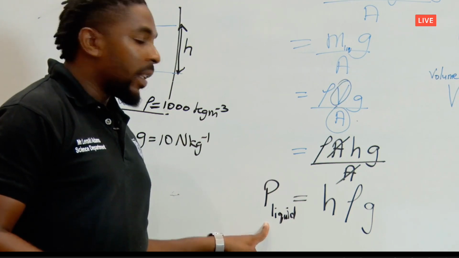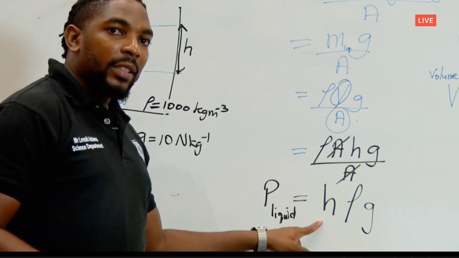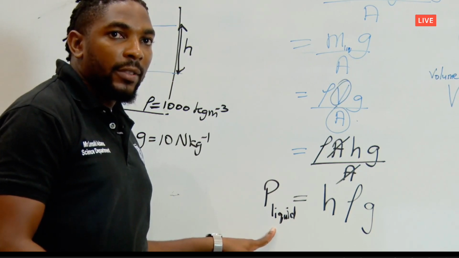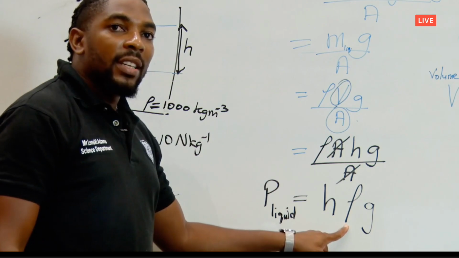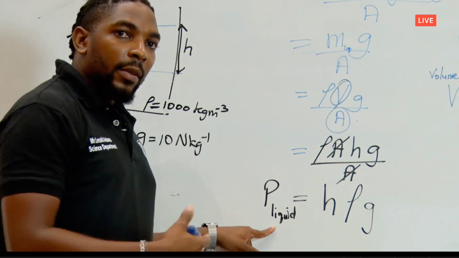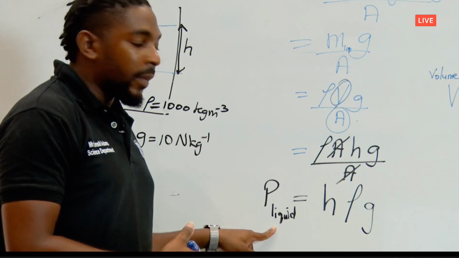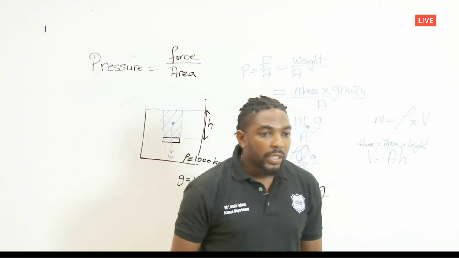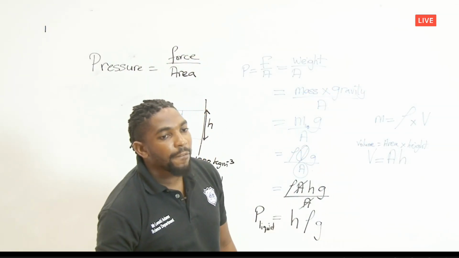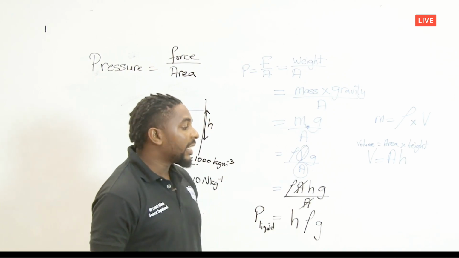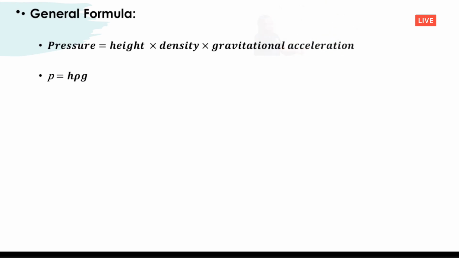When we say directly proportional, it means if one quantity increases, the other quantity is going to increase. So if we increase the depth, further down we go, we're expected to increase the liquid pressure experienced. If we increase the density of the liquid, we are expected to increase the pressure due to the liquid. Good? Gravity remains constant. Okay? So that explains the two main factors affecting fluid pressure.